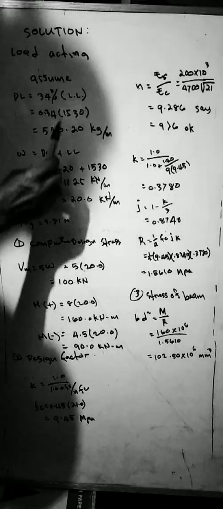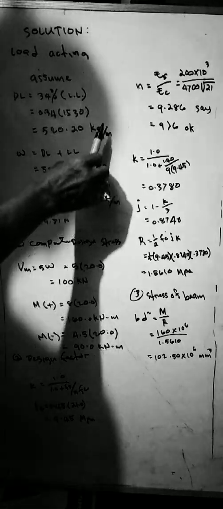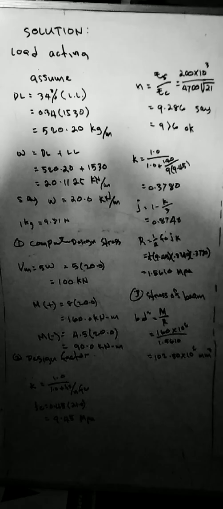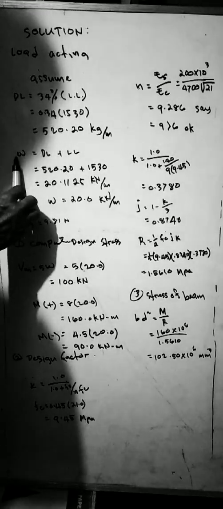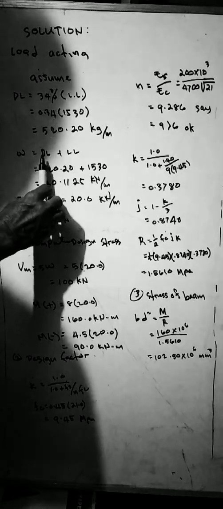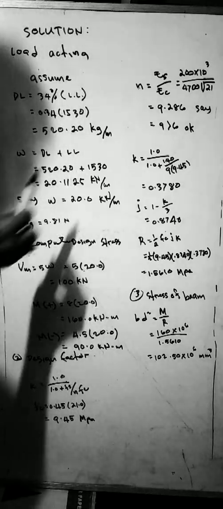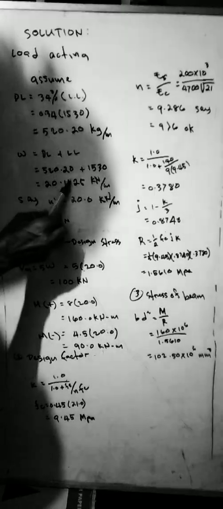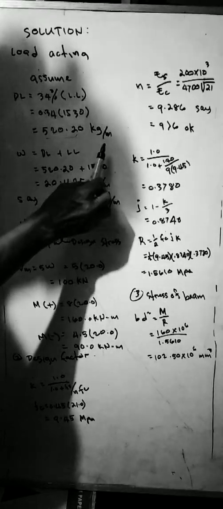So, computing this, we have 520.20 kilogram per meter. Okay, per meter. So, the W, the total load, is equal to dead load plus live load. Dead load is 520.20, this one. And the live load is 1530.